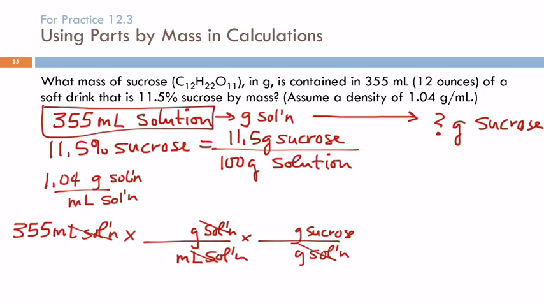Otherwise you can get things backwards and then you get the answer wrong. So I've got this one, 11.5 grams of sucrose. So that one goes over here. Sucrose is on top. So the 11.5 goes with grams of sucrose and 100 grams goes with the solution. And then I have this density, 1.04 grams of solution. Well, that also happens to be on top, 1.04. This is grams per how many milliliters? 1. Now, chemists don't like to write the number 1, so we often leave it out.